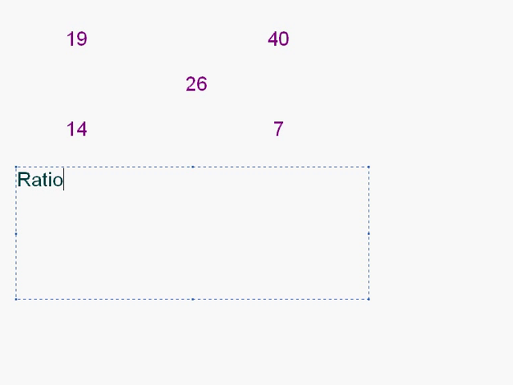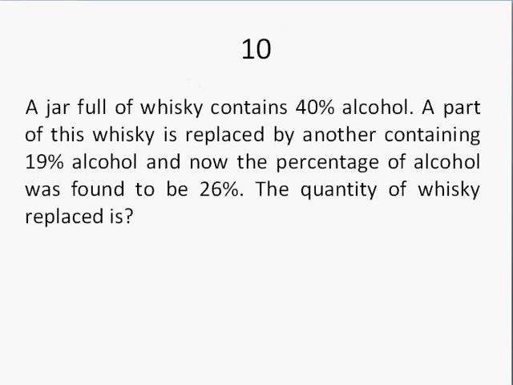So the ratio is 2:1, that is for type 2 and for type 1. It is similar to the thief, like the shopkeeper must have done it, and original is for 40% and the replaced one is for 19%.